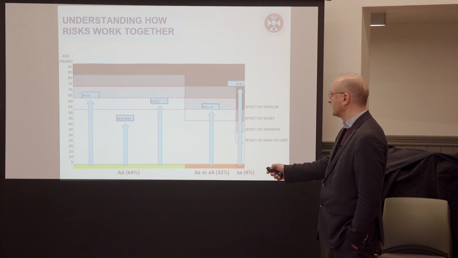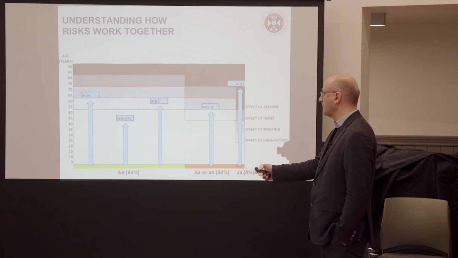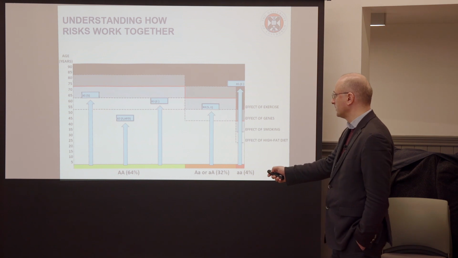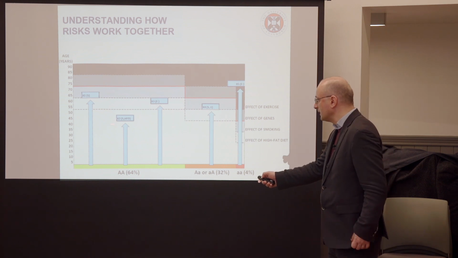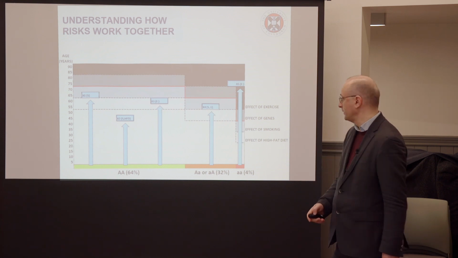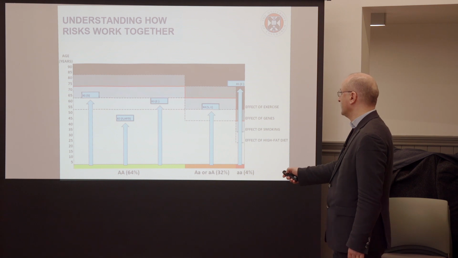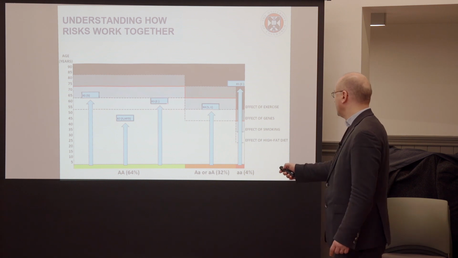So this person, because they're smoking, reduced the number of years needed to the heart attack to 63, then to 53 because they also eat a high-fat diet. So they didn't get a heart attack yet, they're 45, but they are very likely to get it by the age of 53. This person here exercises, no genetic risks, no smoking, no high-fat diet.